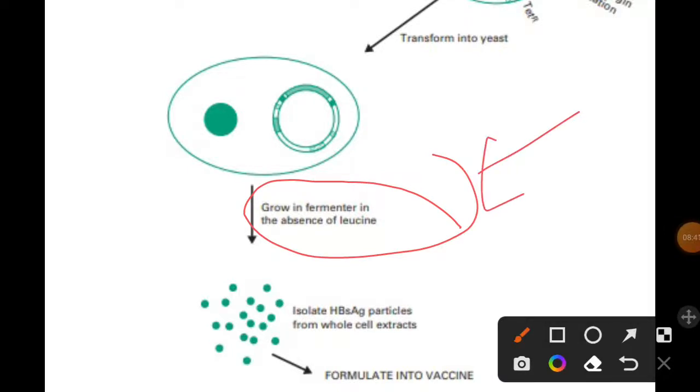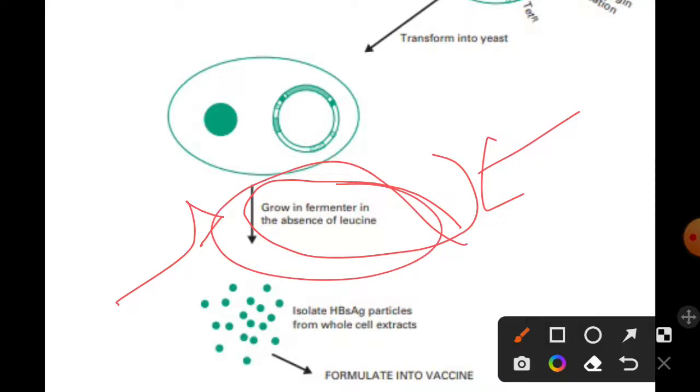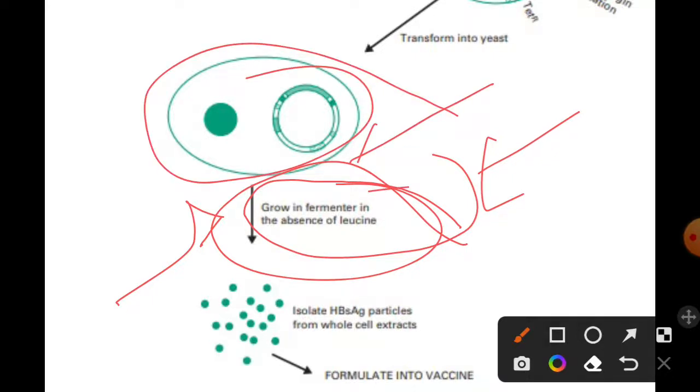This picture I have taken to explain the basic concept of hepatitis B viral antigen vaccine formation, specifically on the industrial scale level. That is why they have used a fermenter.